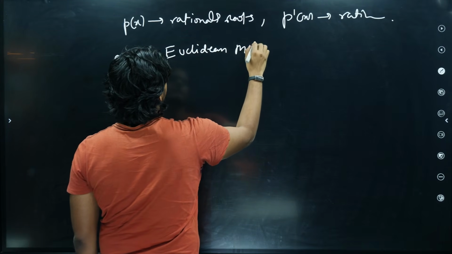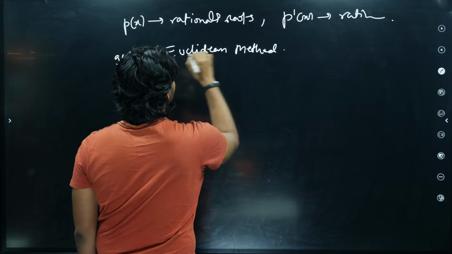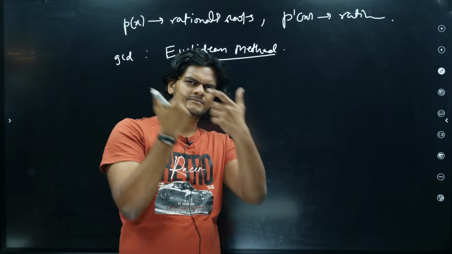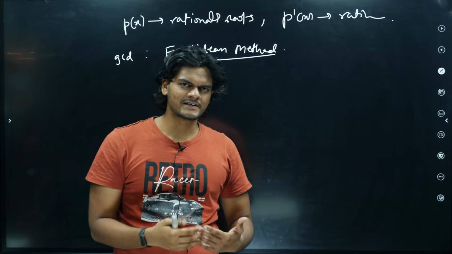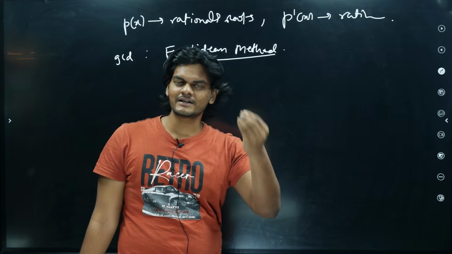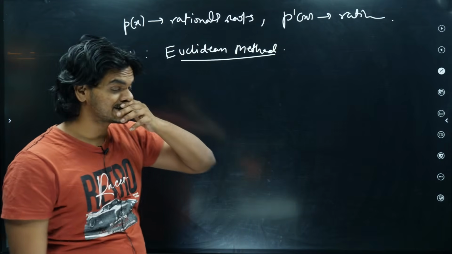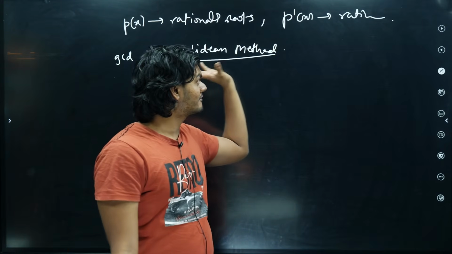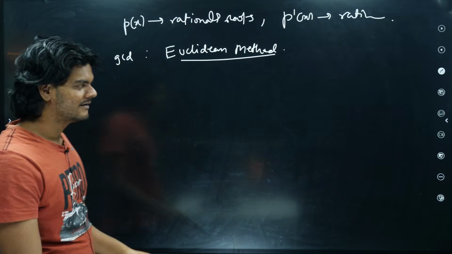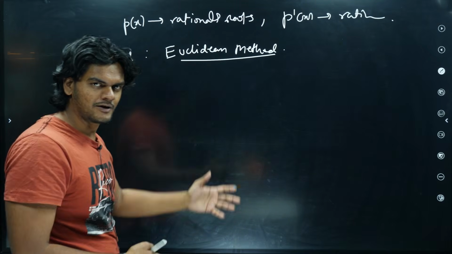How do you do that? You just do the division, the Euclidean algorithm basically. We do that with integers, and it can also be done with polynomials. So we are doing it with polynomials now.